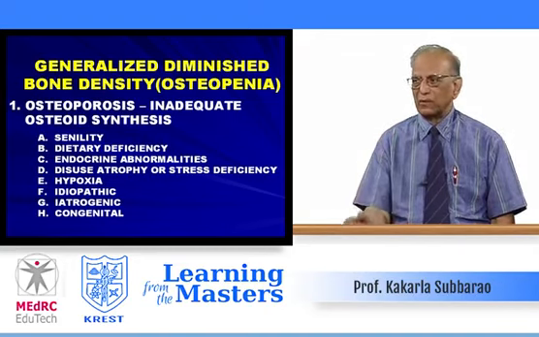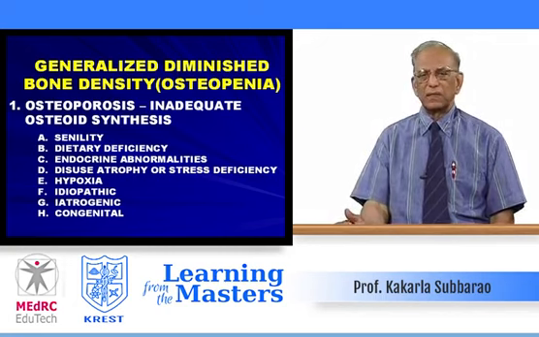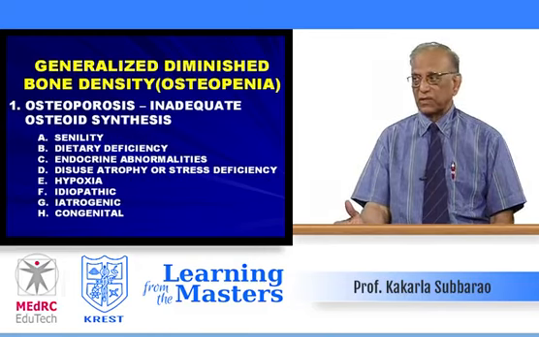And then again, to include some of the other entities: senility, dietary deficiency, endocrine abnormalities, already we have counted, disuse atrophy or stress deficiency, hypoxia, idiopathic, sometimes probably it is genetic, we don't know, racial, we don't know, but idiopathic osteoporosis is also seen. And iatrogenic, the drugs, particularly steroids, etc., and congenital.